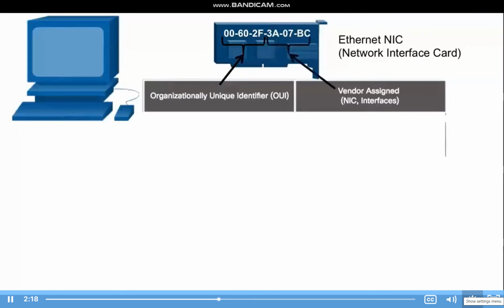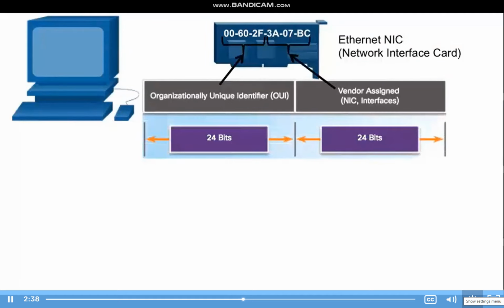The second 24 bits are assigned by the vendor and unique to that particular OUI. For example, 3A07BC is unique to the vendor code 00602F.